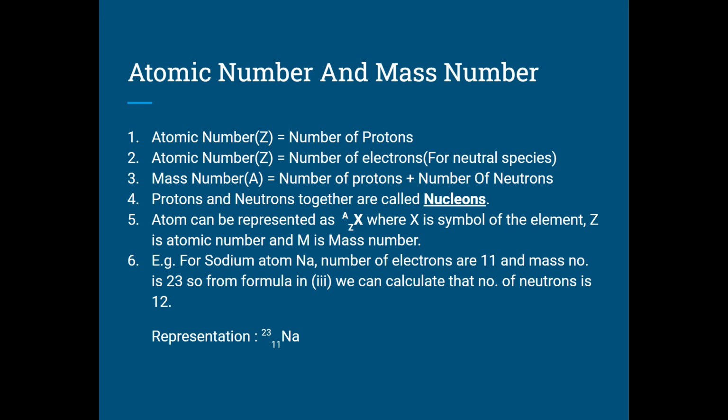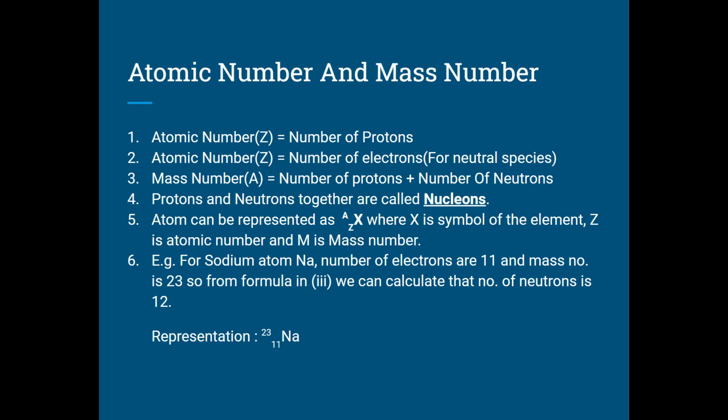Since it's a neutral species, the number of electrons equals the number of protons. So your atomic number is 11 and the mass number is 11 plus 12, because 12 is the number of neutrons in the sodium atom. It is stated; I'm not making this up, you can check the data also. So this is the symbol that I have written in the representation part.